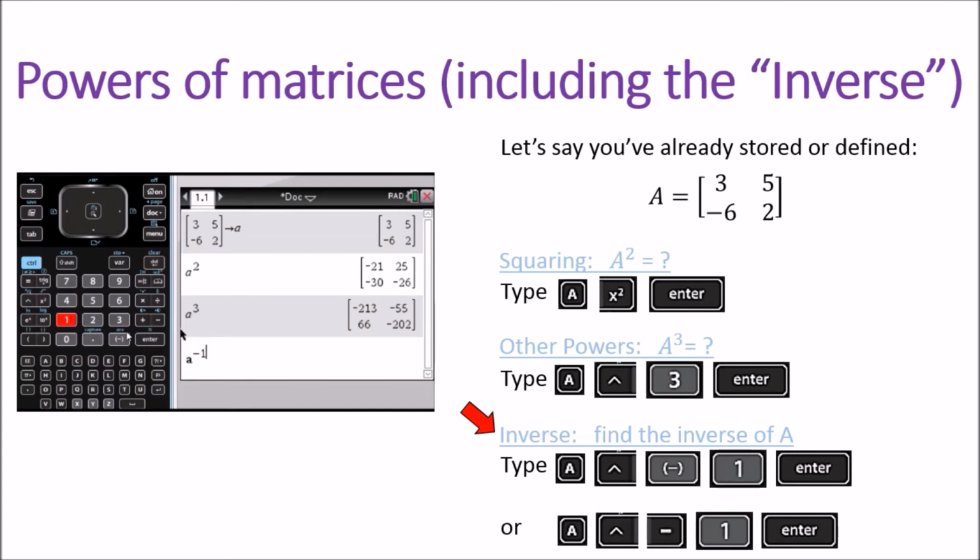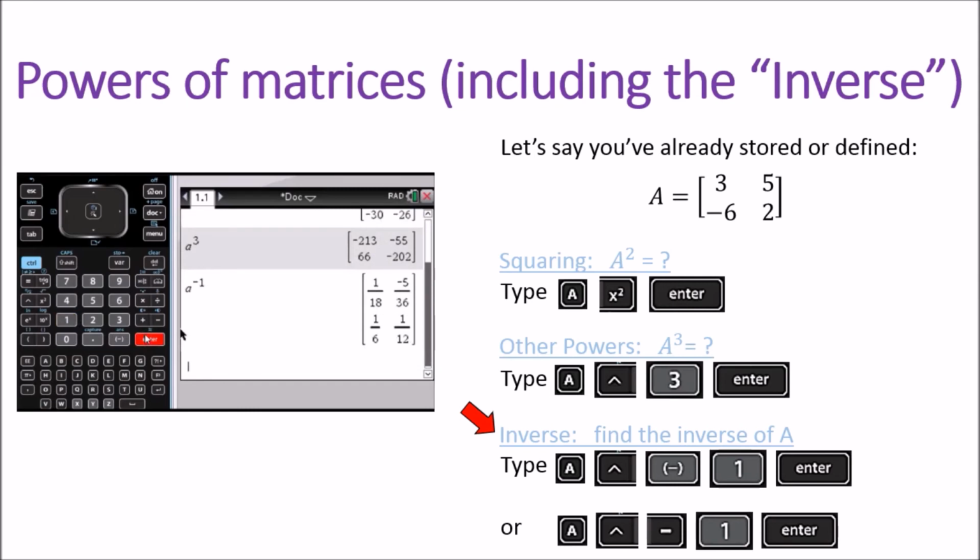Either of those, once you press enter, will give you that inverse matrix. So you can see this one has a lot of fractions in it. We can work out the inverse by hand, but of course doing it on the calculator means we're less prone to making mistakes, and it's also much quicker.